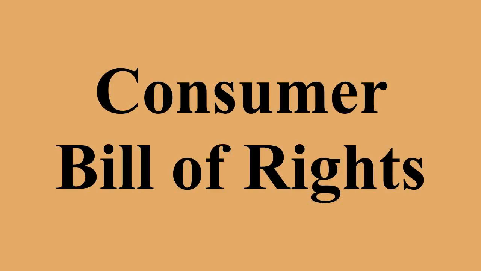The right to be informed is protected by several pieces of legislation passed between 1960 and 1980. Some of the legislation which was made because of the assertion of this right include the following: Fair Packaging and Labeling Act, Wholesome Meat Act, Truth in Lending Act, Magnuson-Moss Warranty Act.